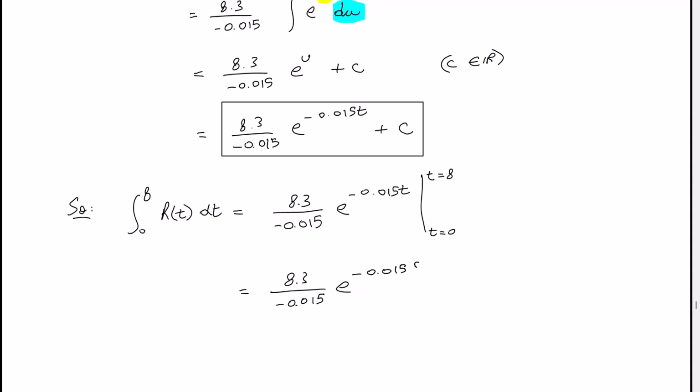So negative 0.015 times 8, minus 8.3 again divided by negative 0.015, and it's going to be e to the negative 0.015 times 0. Okay, so right off the bat, I can clean this whole part over here. It's going to be e to the 0, so that's going to be just 1.